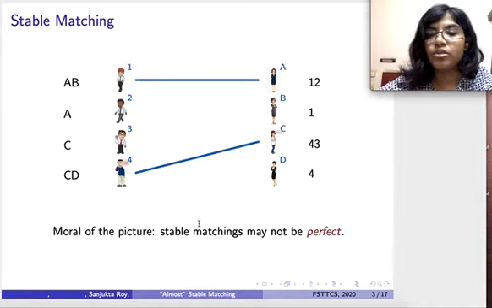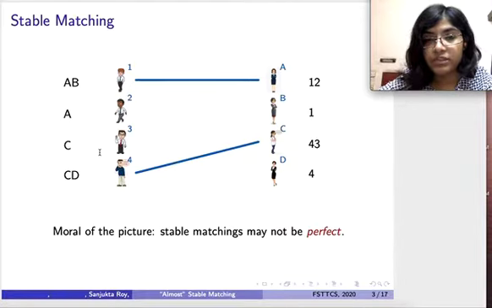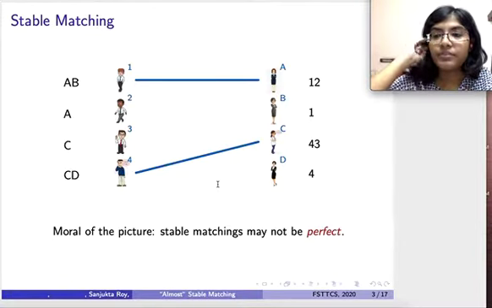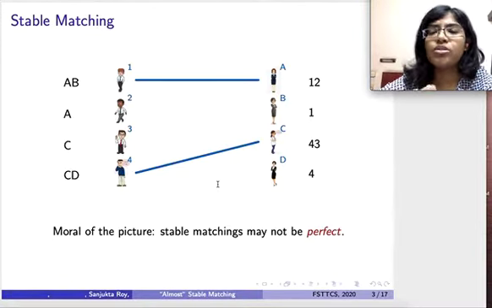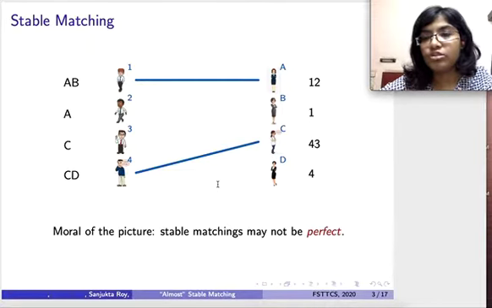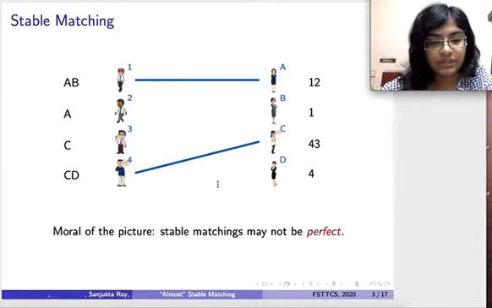The previous example we saw is called a complete preference list; this is called an incomplete preference list. If you have such incomplete preference lists, then a stable matching may not be perfect. In fact, it can have half the size of a maximum matching. Stable matchings are always maximal, so that also tells you that it can have half the size.